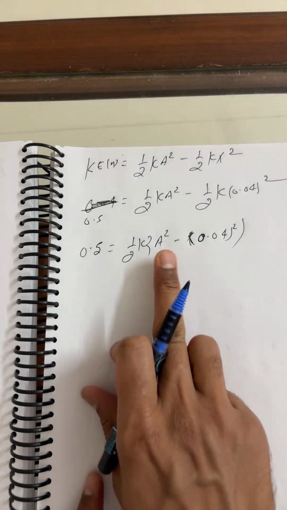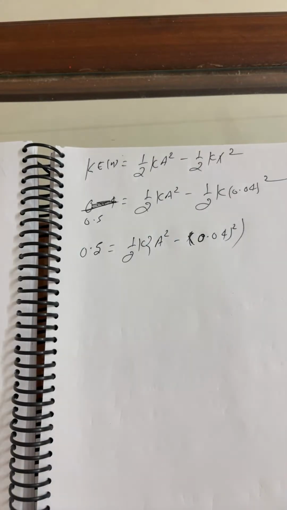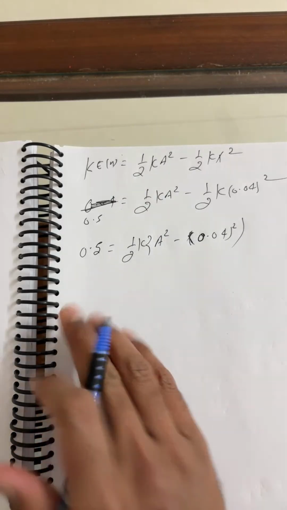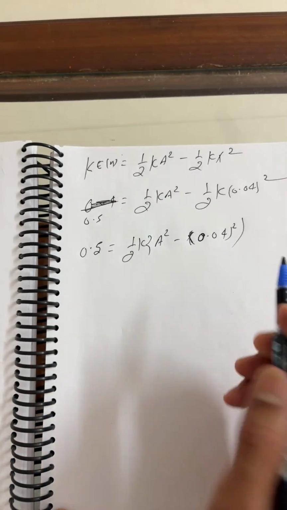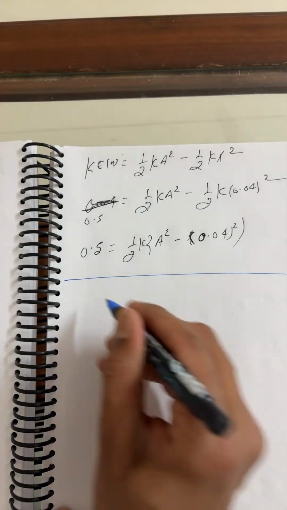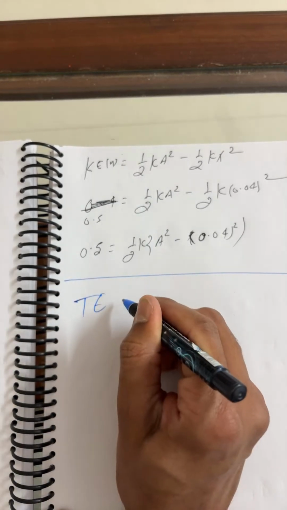So we wish to find the amplitude. Now they also mentioned an expression for the potential energy. What is the term we have to use for potential energy? One more idea I have: instead of this much calculation, we can find the total energy.